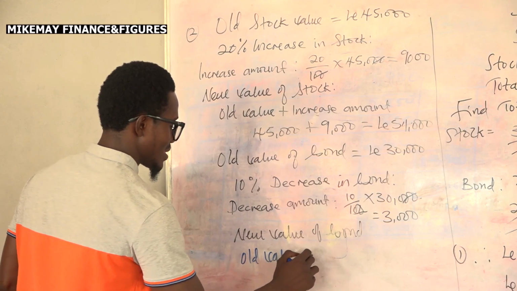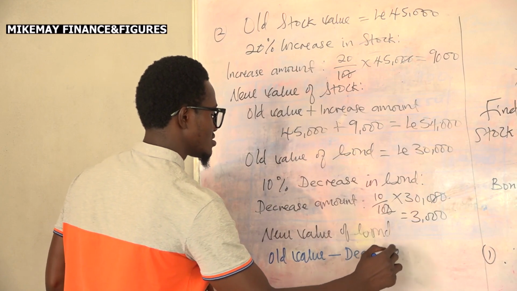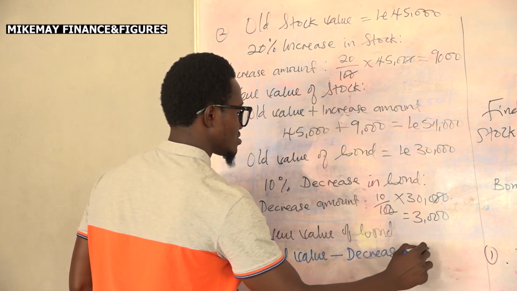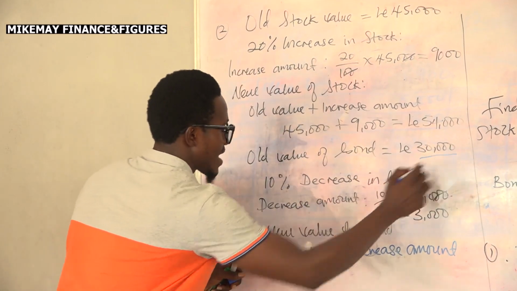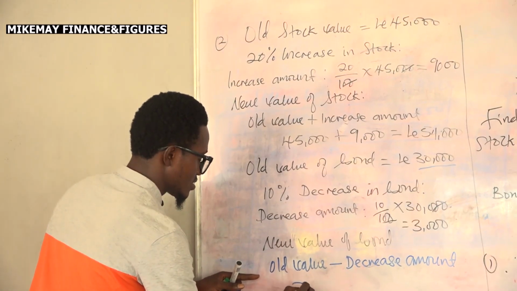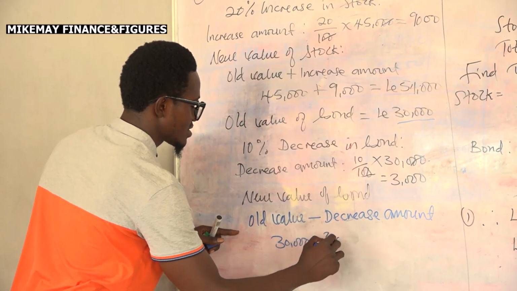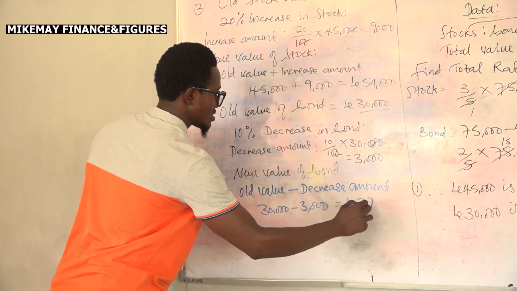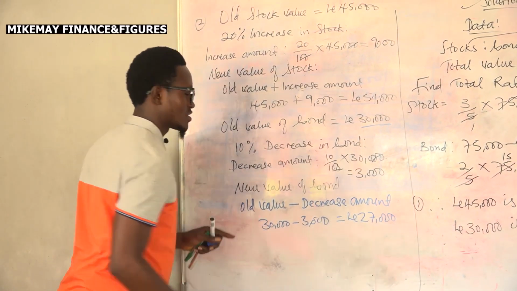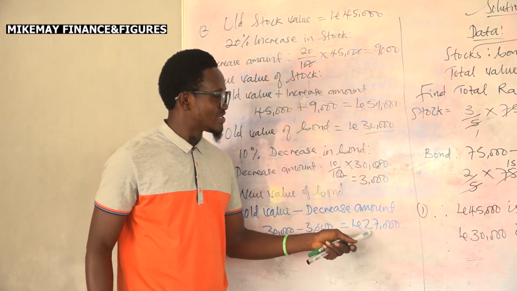Old value less decrease amount. All right. So old value is 30,000 less the decrease amount, which is 3,000. This should give us 27,000.